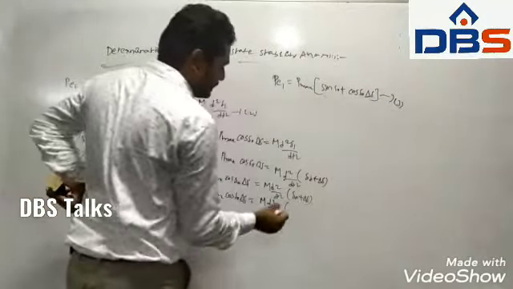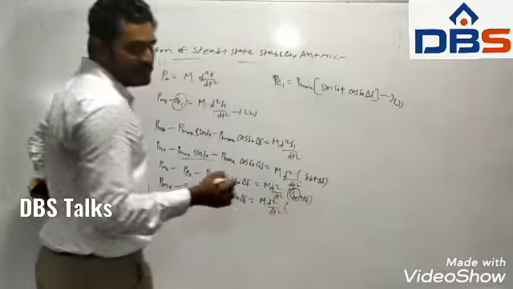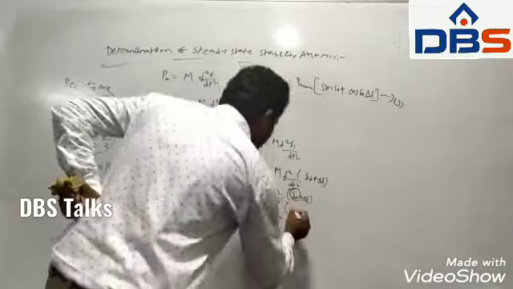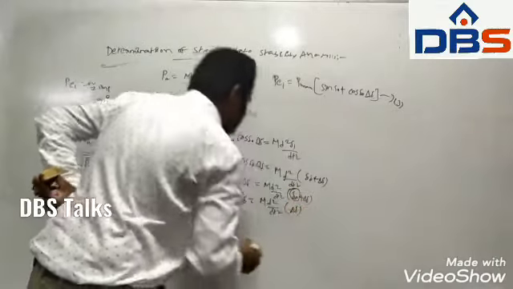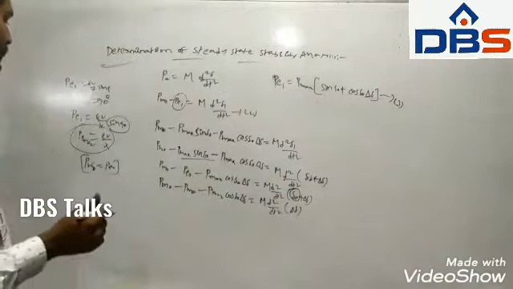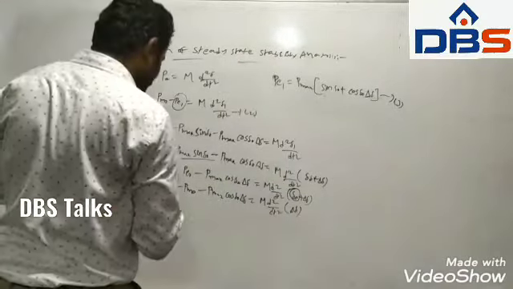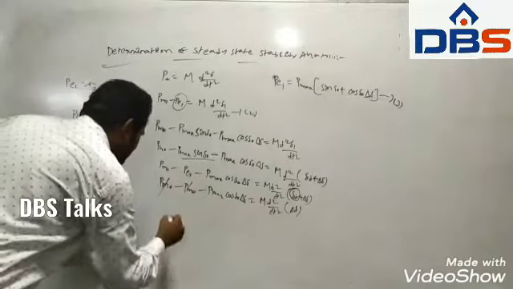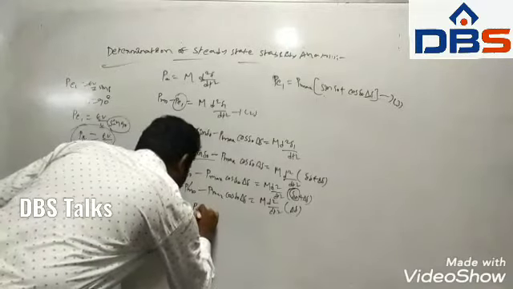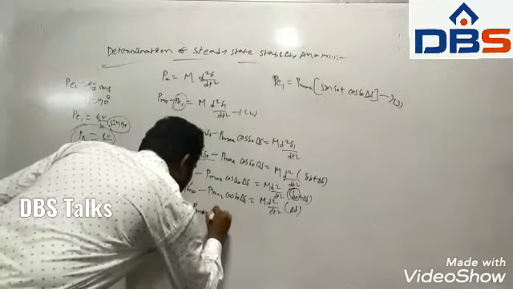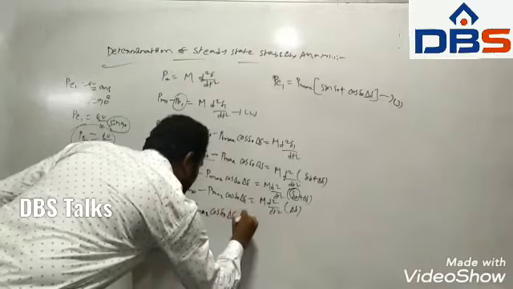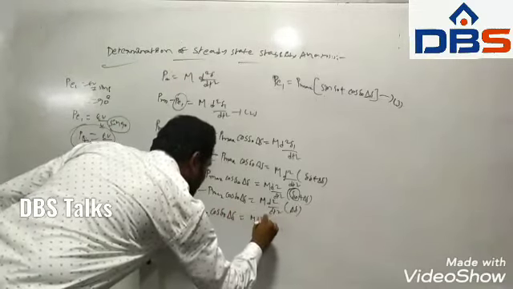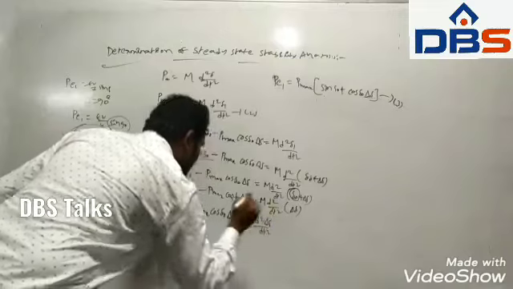Delta naught is a constant term, so we eliminate it and we are left with delta delta. Here Pm naught is cancelled, so we have minus P maximum into cos delta naught into delta delta, that is equal to m d square delta delta by dt square.